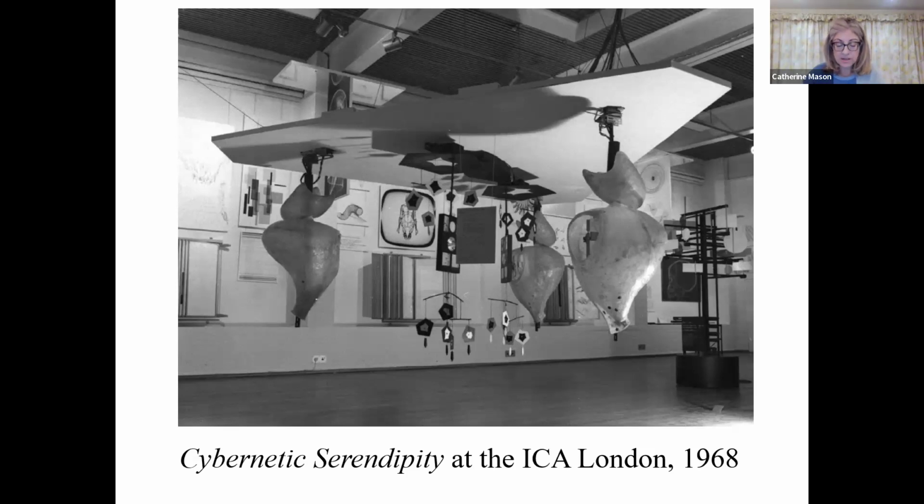And as they did so, they would react to each other and to the audience, who used lights to make them move and make them relate to each other. And the idea was that the piece learned as it went along. It learned through its interactivity. So it's really a precursor to today's AI artwork, you could say, in that we would probably talk about this as being machine learning.